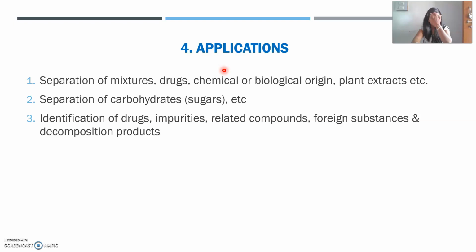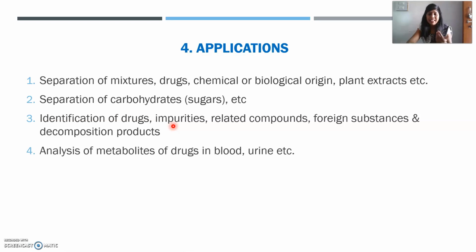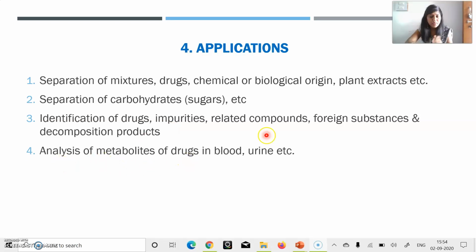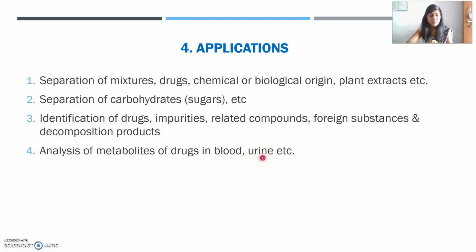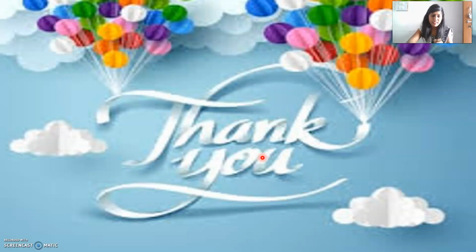It is very useful for the separation of carbohydrates, like the separation of sugars, as well as for analyzing drugs, impurities, related compounds, foreign substances, decomposed products, and metabolites present in blood and urine samples. Next, it can be utilized for quantitative analysis and qualitative analysis.